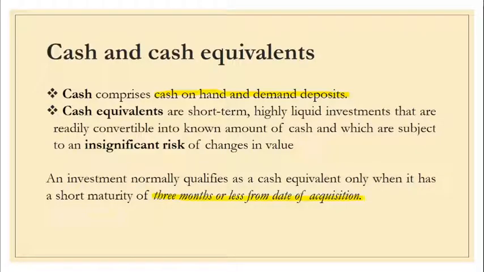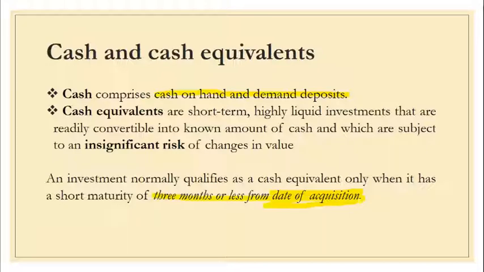I've already discussed this when we were talking about your SFP. So again, it should be 3 months from the date of acquisition. The keyword here is the date of acquisition. That would be your basis for when you consider an investment as part of your cash equivalents or not.